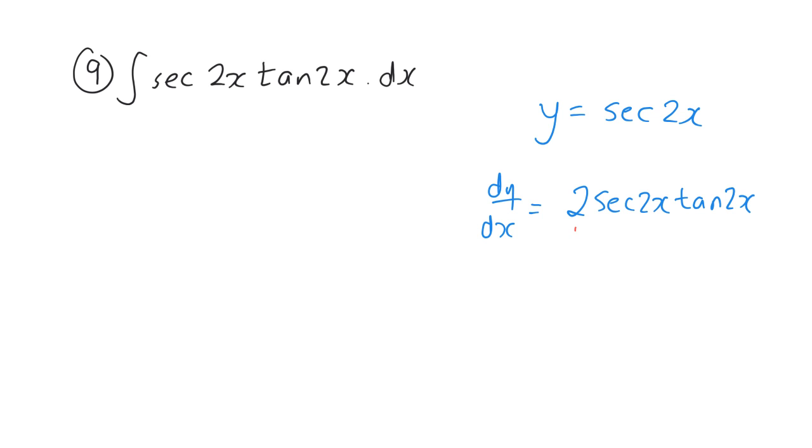So we don't want this 2, so I'm going to multiply that by a half, which means I have to multiply our guess by a half. So our answer would actually be a half sec 2x plus c.